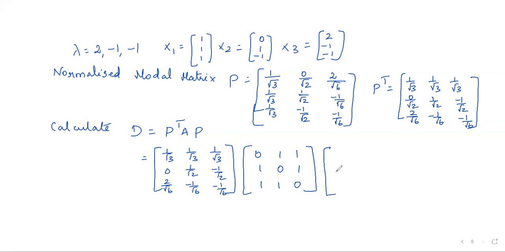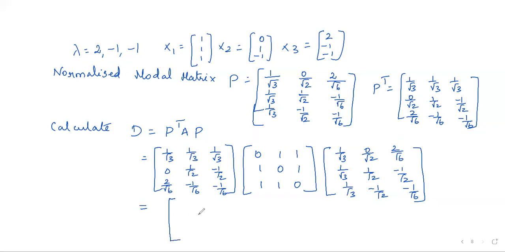Next, we have to write down P. So [1/√3, 0, 2/√6], again [1/√3, 1/√2, -1/√6], then again [1/√3, -1/√2, -1/√6]. So first you multiply the second and third terms, then with the result you multiply with the first term.